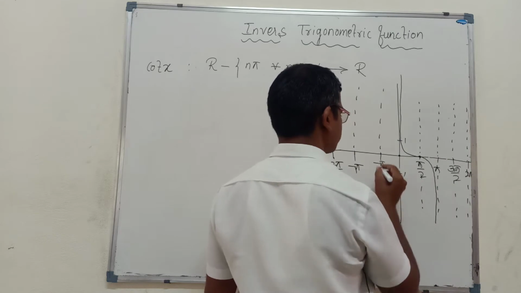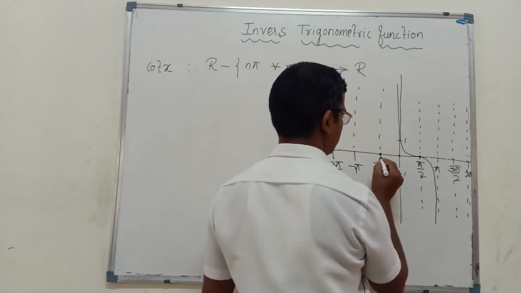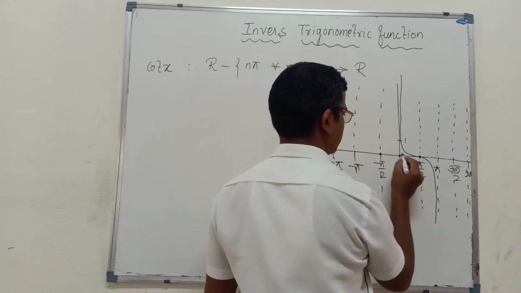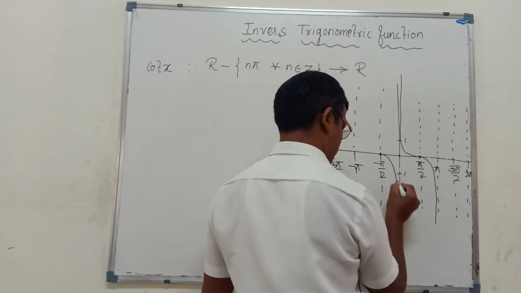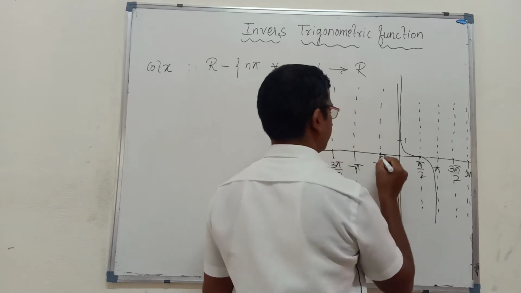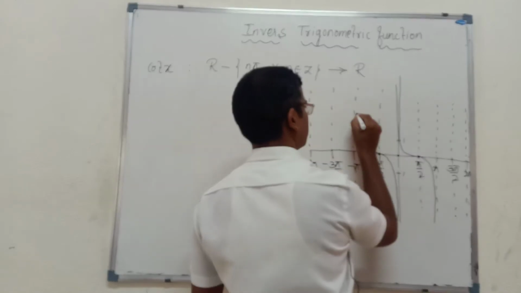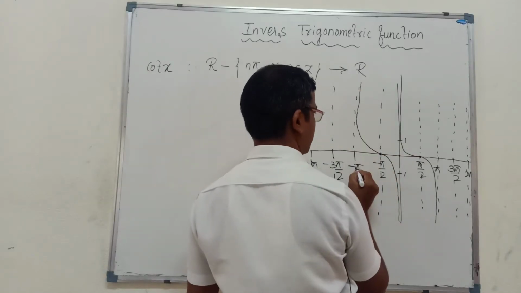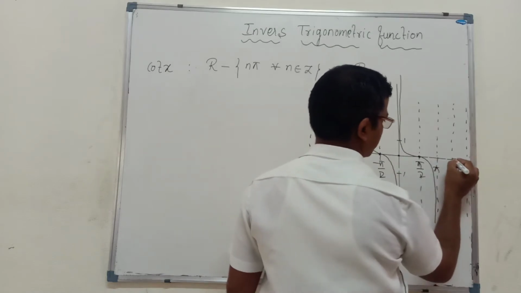Next, at pi by 2 it is 0. In this quadrant it is opposite: here it is positive, so there it is negative. Like this we will get it. For pi it is undefined. At 3 pi by 2 again it is 0.